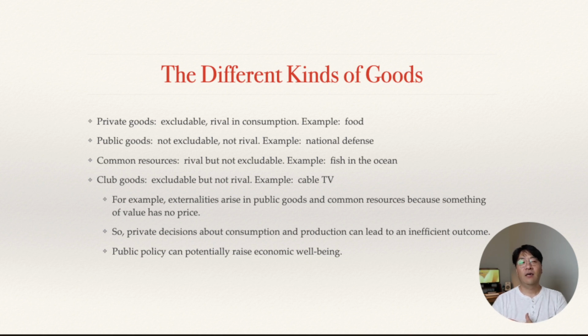From a price perspective, you can be excluded from the service if you are not paying for it, but once you are a member, you can enjoy the service. So the four categories can be characterized with rivalry and excludability, and whichever line or characteristic you put in, you can easily make each one into a table.